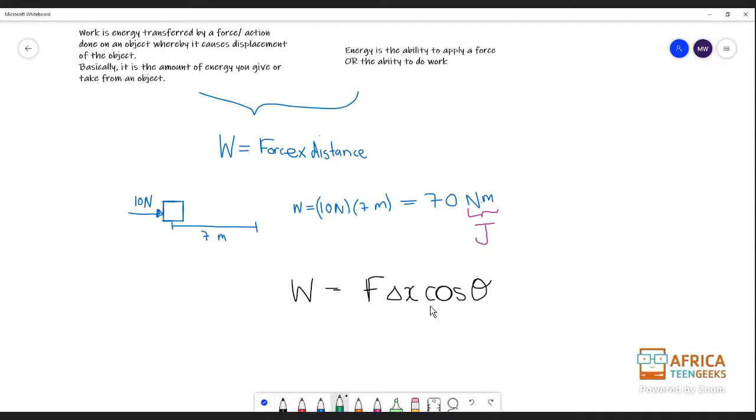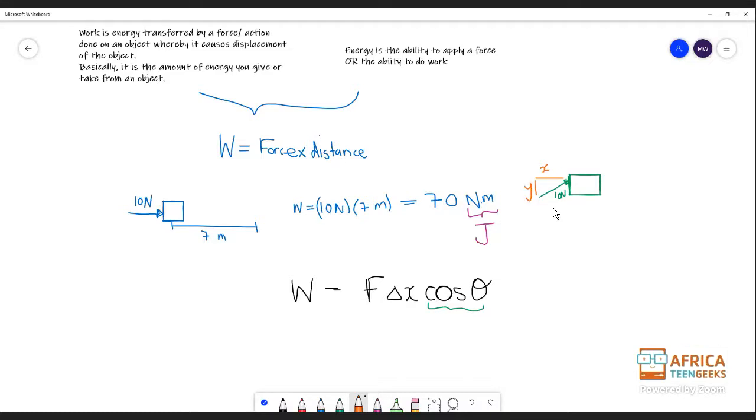The reason we put this bit into the formula is because if I have this same box, but now I am pushing it at an angle, say from the bottom upwards, at 10 newtons, we can't use that as the force being applied, because as we learned in grade 11, you have an x component and a y component.